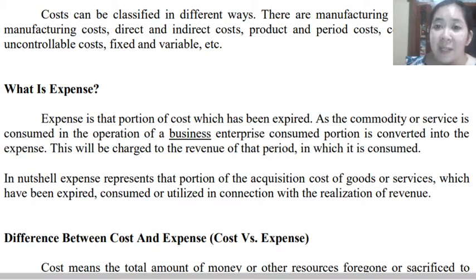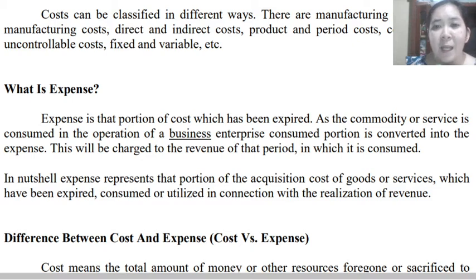Instead, they have a separate account like miscellaneous expense, depreciation expense, what else? Salaries and wages of the administrative officers or personnel. So, in this case, these items are not part of the production and they do not qualify to be accounted under the inventory account because they do not belong to the materials account, the labor account, and the factory overhead.